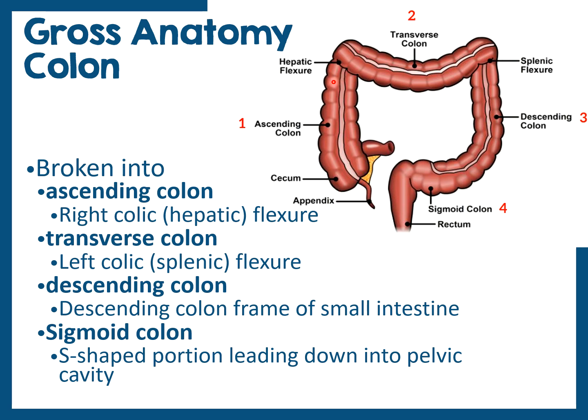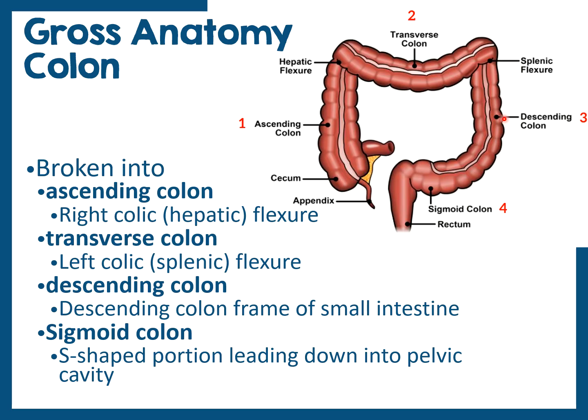And then right at about the liver, there's going to be this bend or flexure where it will change direction. So this is called the hepatic flexure or the right colic flexure. And then the colon will go transversely through the abdominal cavity right underneath the stomach. And that portion is called the transverse colon.